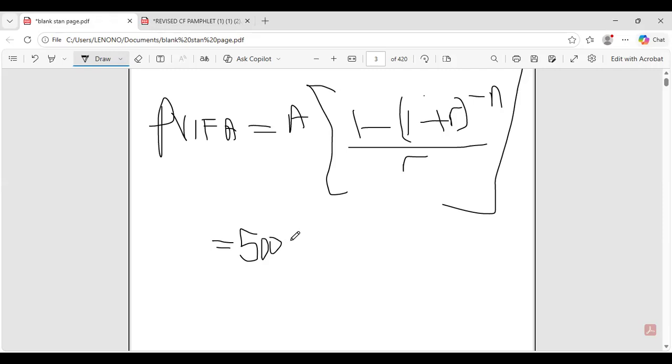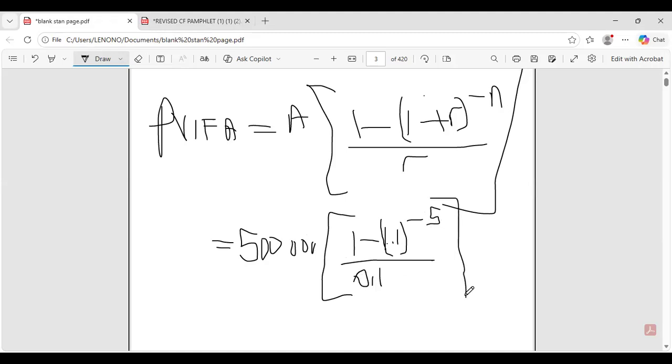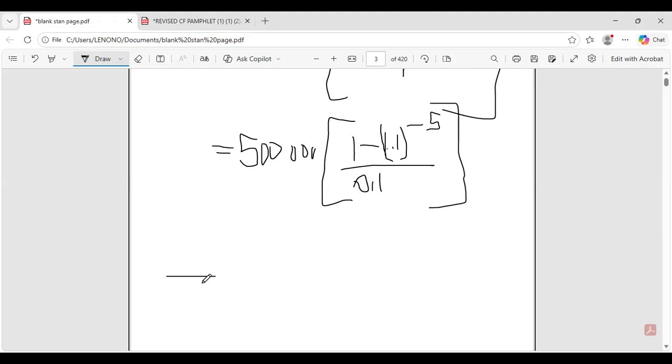Then 1 minus 1.1 to the power negative 5 over 0.1. What answer are we getting? Give me the answer to this one. This is an annuity, so find the present value of an annuity. What answer are we getting?